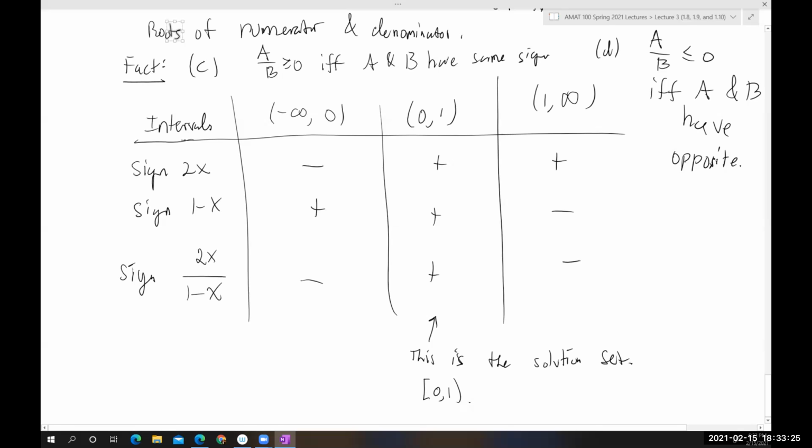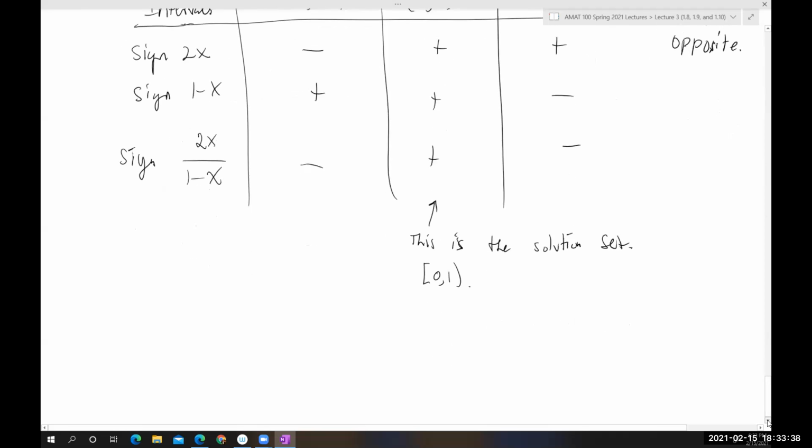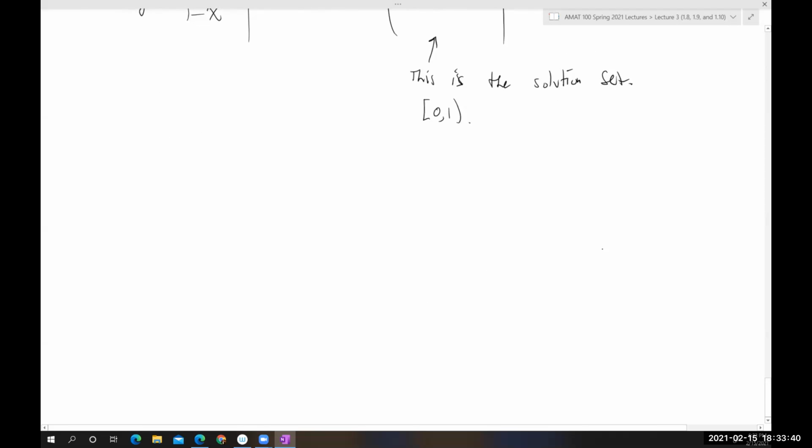So the last thing for section 1.8 that I want to go over is absolute value inequalities. This is another example of nonlinear inequalities. These generally come in pairs.